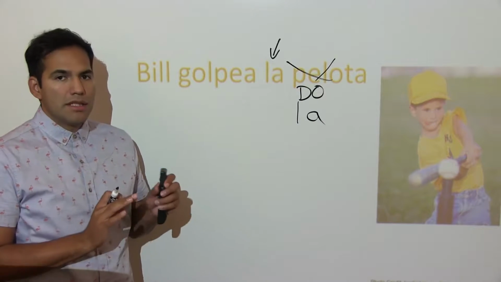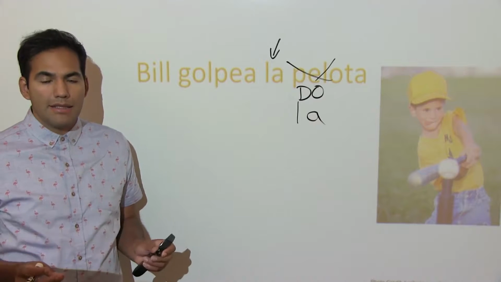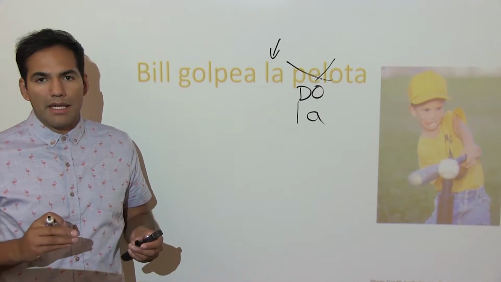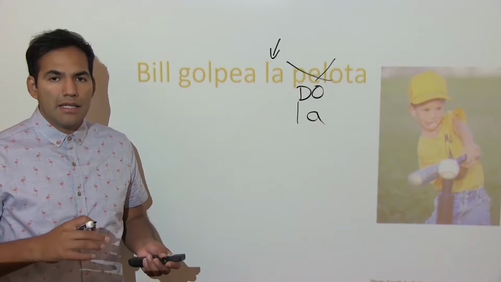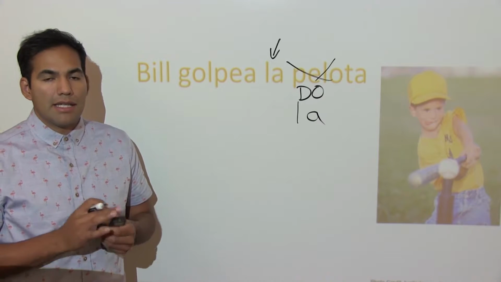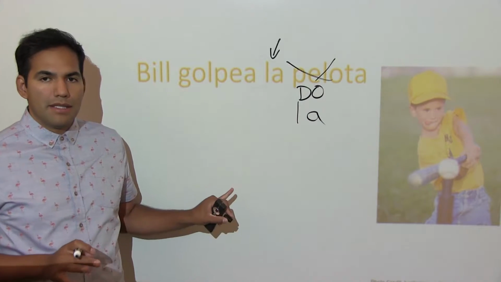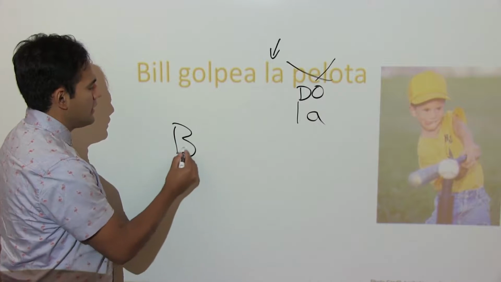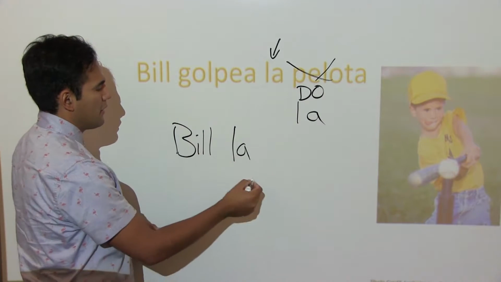I'm going to do this really quick, but I have another video where we talked about the placement of the direct object. The placement of the direct object pronoun in Spanish is a little bit different than in English. In English, the direct object pronoun goes at the very end, but in Spanish, that's not the case. If you wanted to replace it, you would have to write it before the verb.